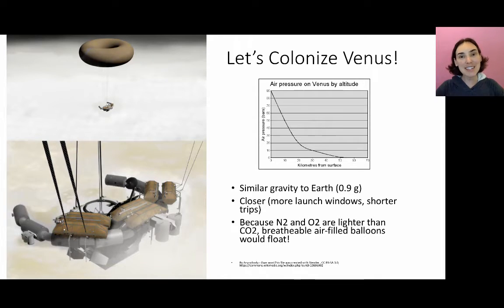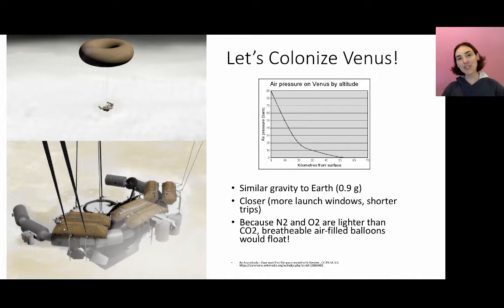The gravity is like 0.9 G. It's very similar to Earth gravity. So there's all these concerns about bone decalcification. Going to Mars, for example, where the gravity is so much less, wouldn't be an issue on Venus. Well, that wouldn't anyway. There'd be some other problems. But Venus is closer to us, so we could get there a little bit easier.